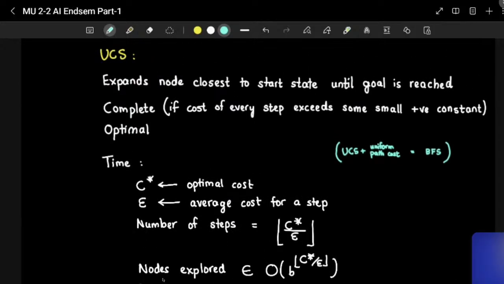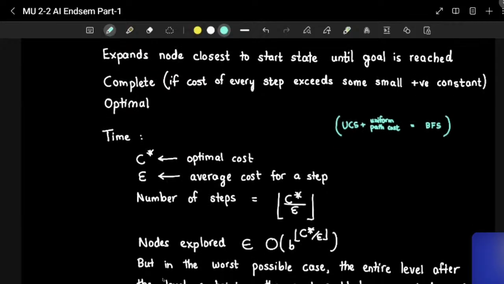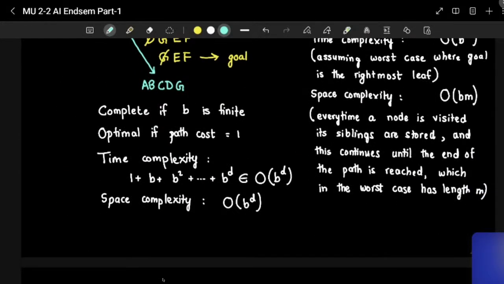This works for any path cost. So BFS is essentially a special case of UCS. If there is a uniform path cost in UCS, it would become BFS. It need not be one, it just has to be uniform. Optimal if path cost is uniform.